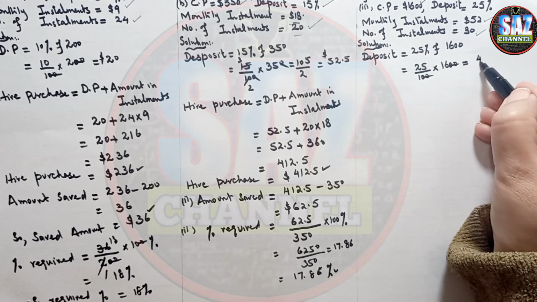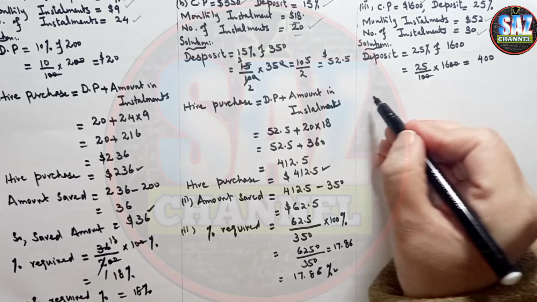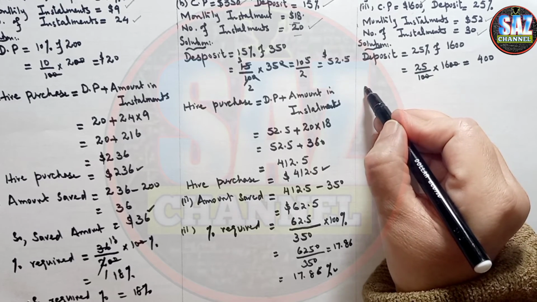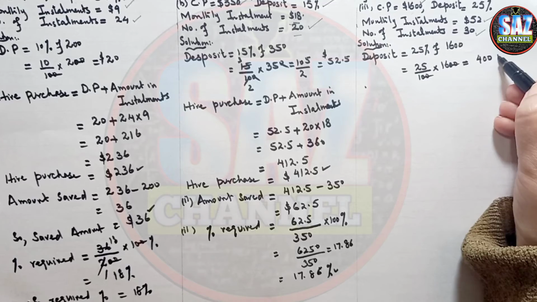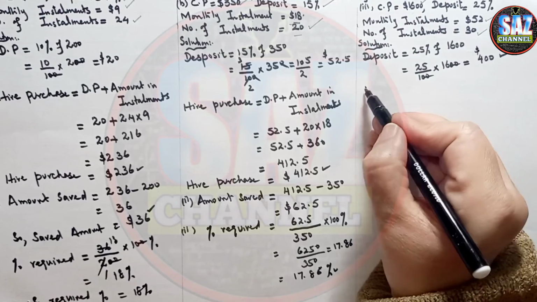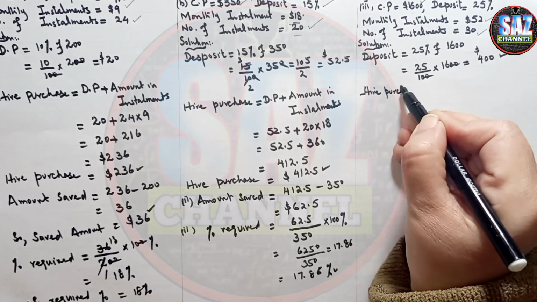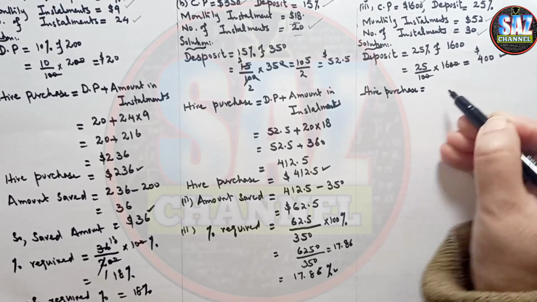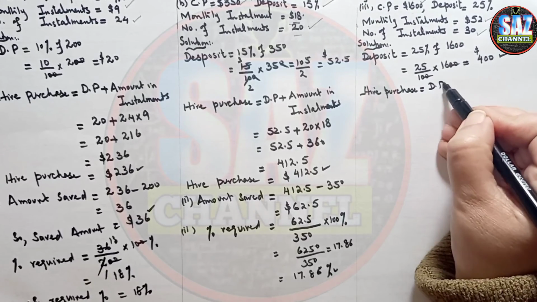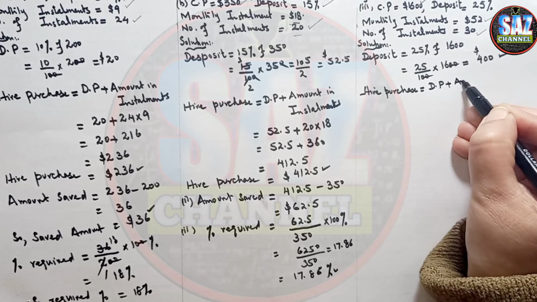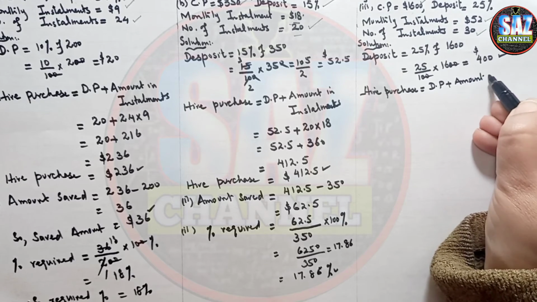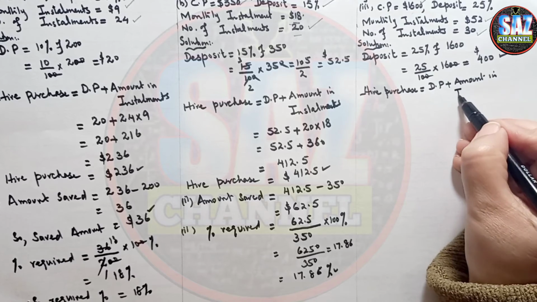So 25 times 16 is 400. Deposit or down payment is $400. Okay, now the formula for the hire purchase is the down payment plus amount in form of installments.